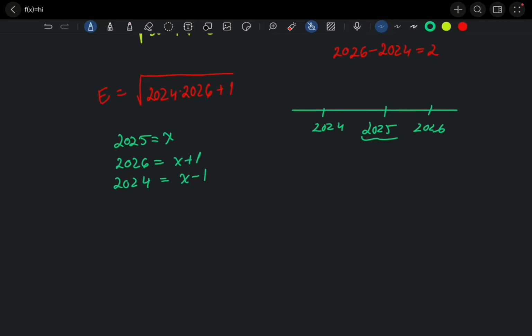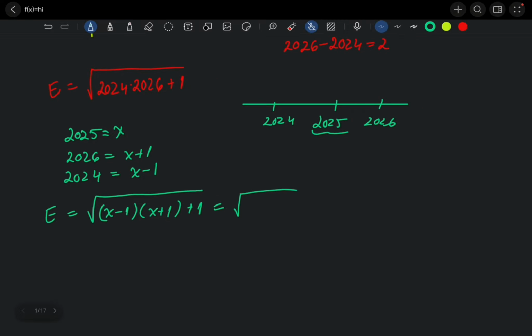And now our e will become the square root of, after the substitution, x minus 1, which was 2024, times x plus 1, which was 2026, and all of this plus 1, which will be equal to the square root of x minus 1 times x plus 1.